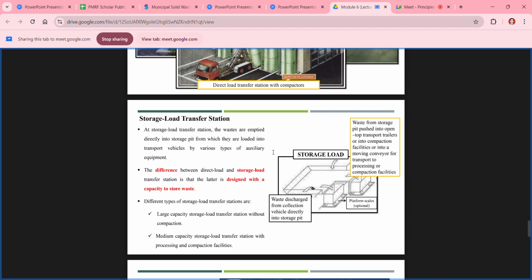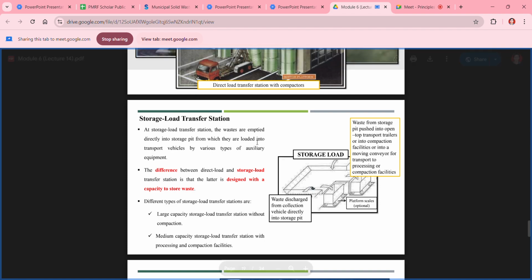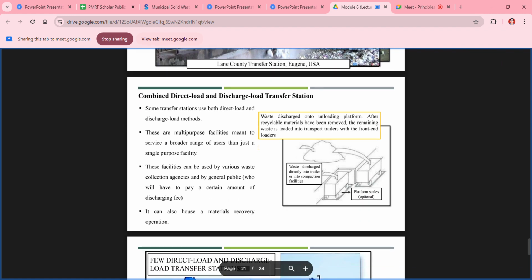From that storage, they put it into bigger trucks and transport it to the disposal sites. So that is the storage load type transfer station. And in the combined type of station, we see both things: we can go for direct loading, or we can go for storage load transfer as well.